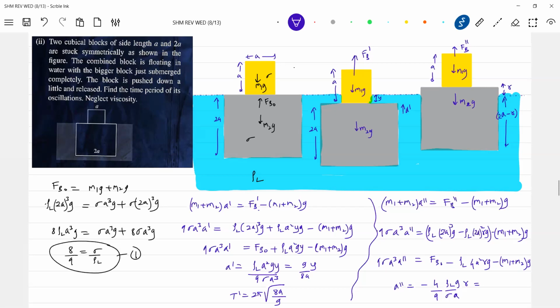Sir, minus gR by 2A. 4 will be there, no? Eight, 9 will get cancelled, 8 will be, okay, this one, minus gR by 2A.